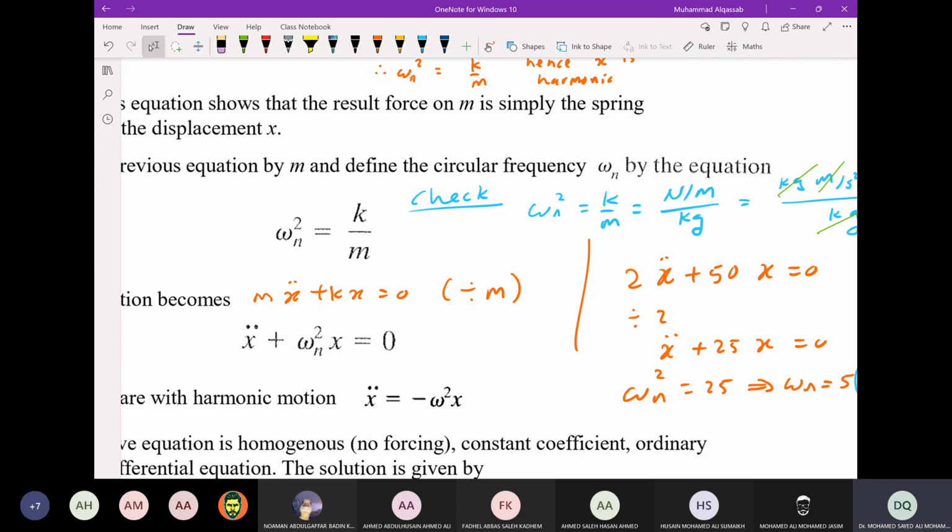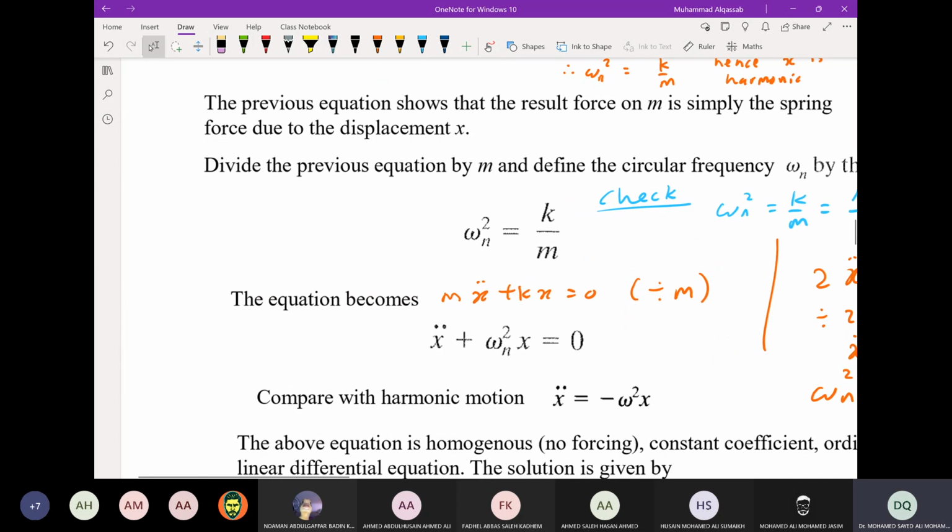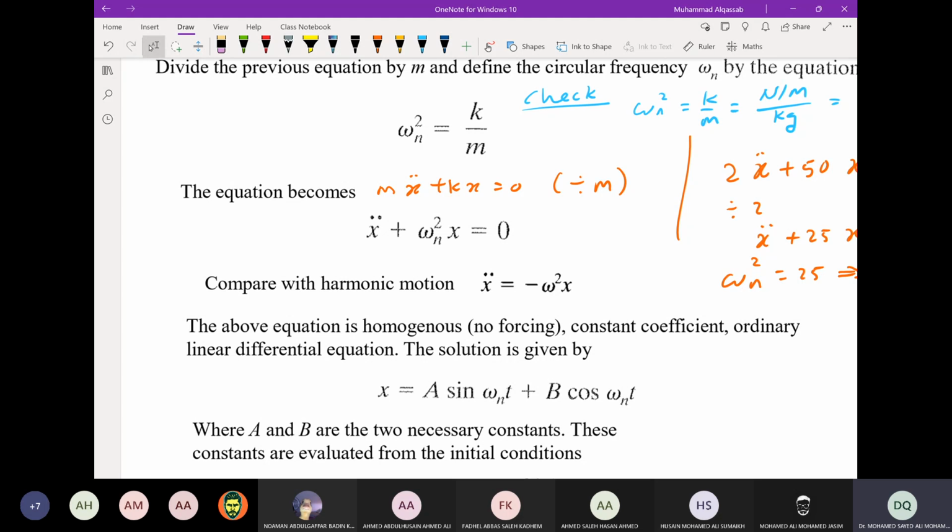That can be achieved by solving the differential equation. The differential equation above is an ordinary differential equation with constant coefficient. The solution is given by x.